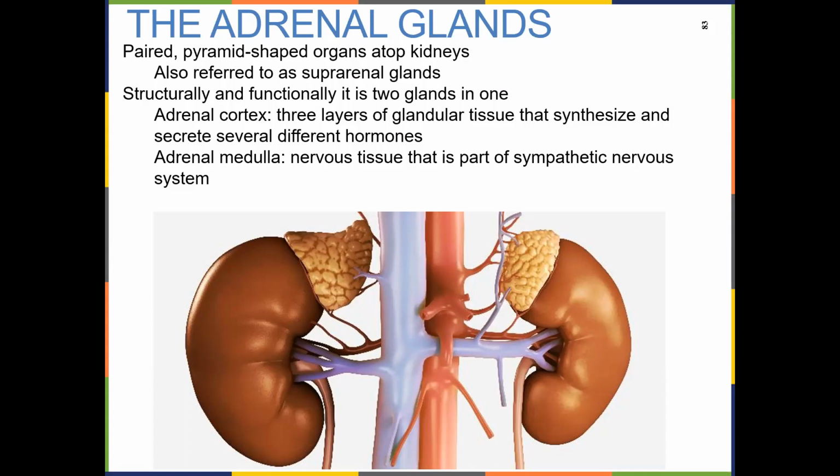And the medulla, the inner part of the adrenal gland, is a link between the sympathetic nervous system and the endocrine system, because the medulla releases epinephrine and norepinephrine. Part of our whole fight or flight response results from the epinephrine being released at the medulla.